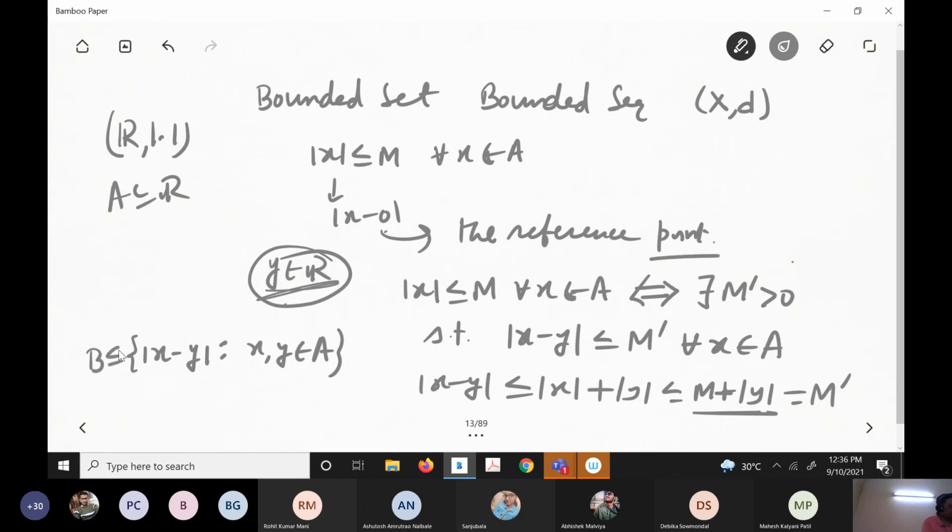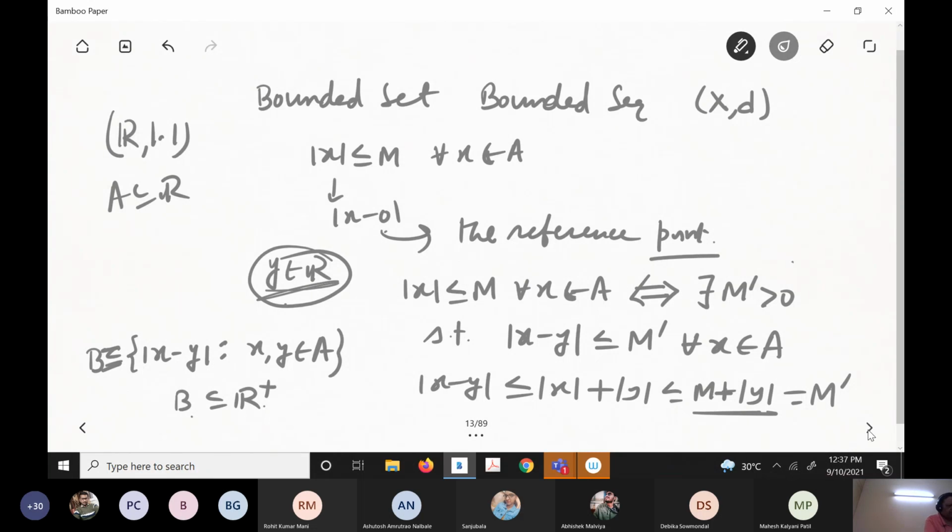This is another subset of R. Look, A is a subset of R, so their difference is a real number. In fact, B is a subset of R plus. You can easily check that A is bounded if and only if B is bounded. That means if and only if its supremum is finite.